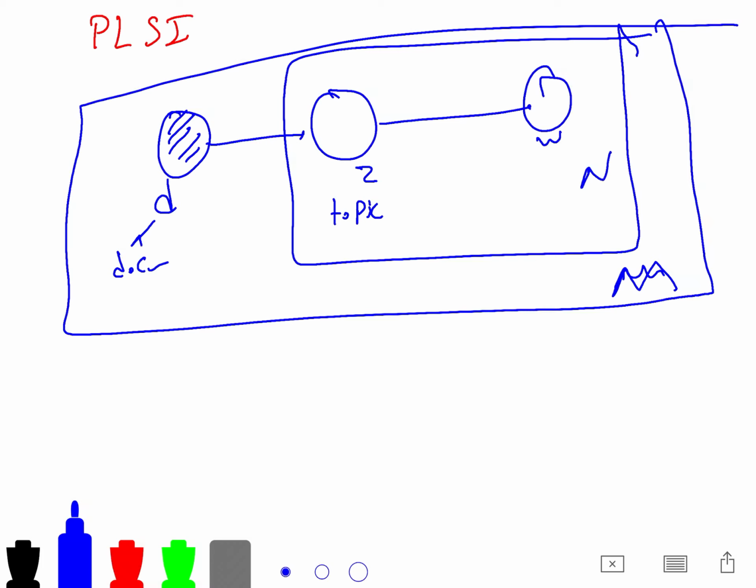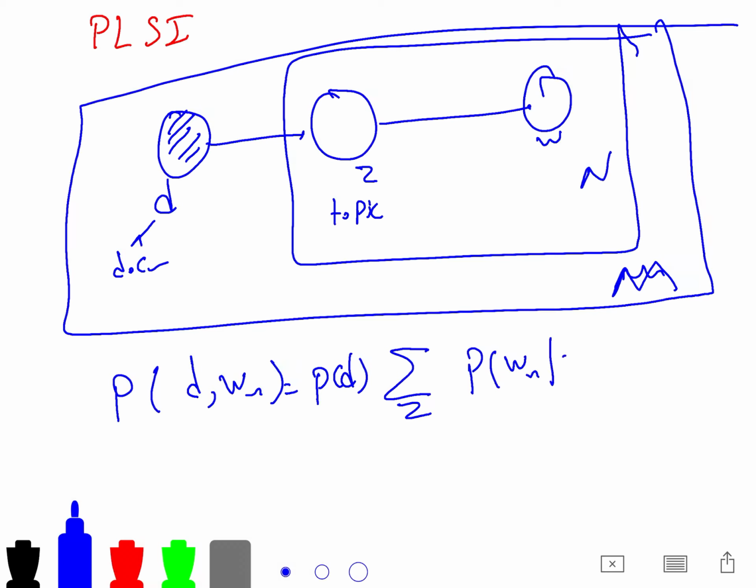But what is the PLSI deficiency? Well, it has a giant matrix. The probability of your document is the probability of D times Z, probability of W given Z, probability of topic given D, given the document. So it has a giant matrix. So it's computationally expensive. If you pick a document that you have not seen before, you have no idea how to model it. So it reminds me of graph neural networks and those paradigms as well.